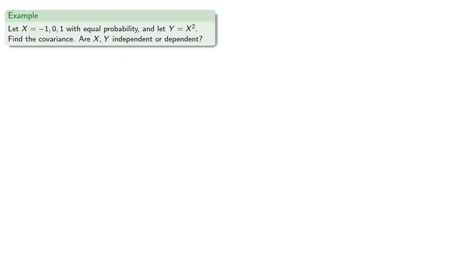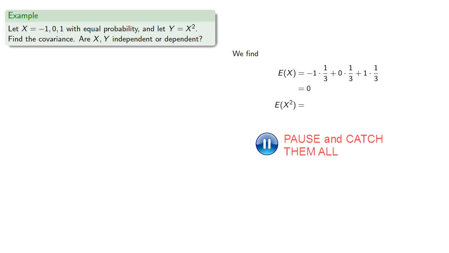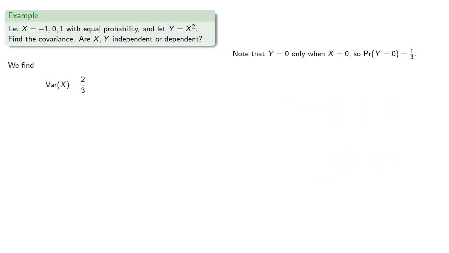So for that, we need the variances and the expected values. So let's find our expected value of x. That's the sum of the product of the payoffs and the probabilities, which will be, and the expected value of x squared is, and so the variance of x is, now note that y is 0 only when x is 0, so the probability y is 0 is 1/3.